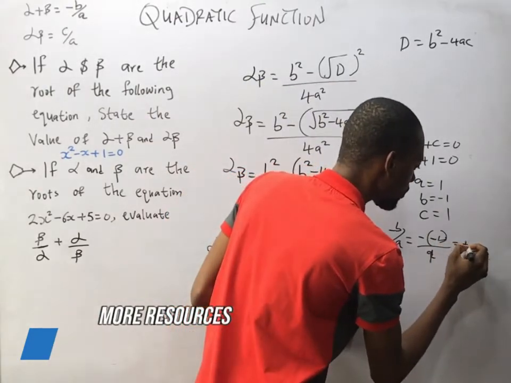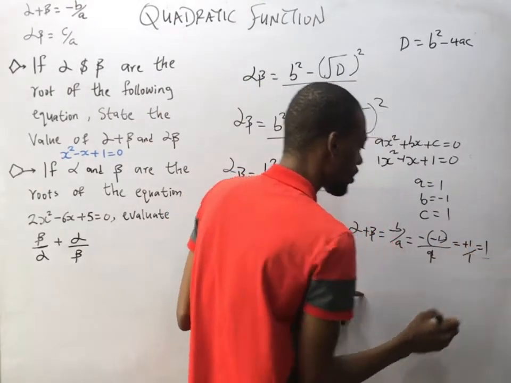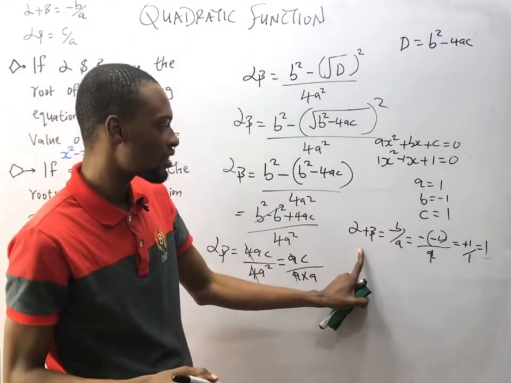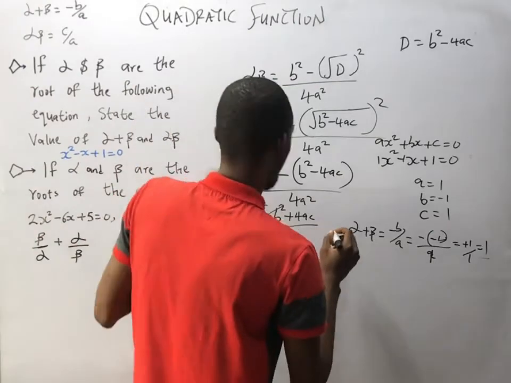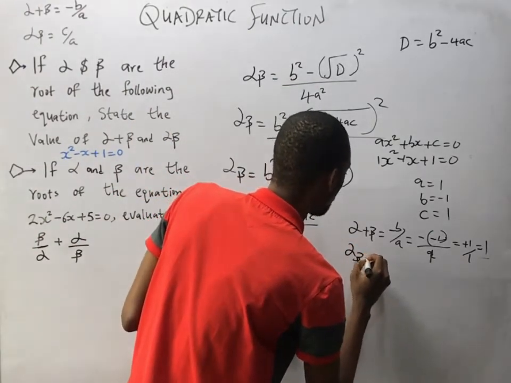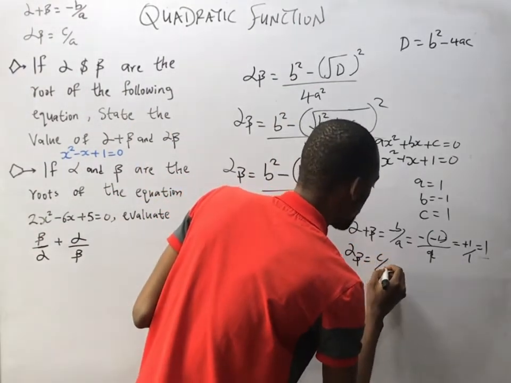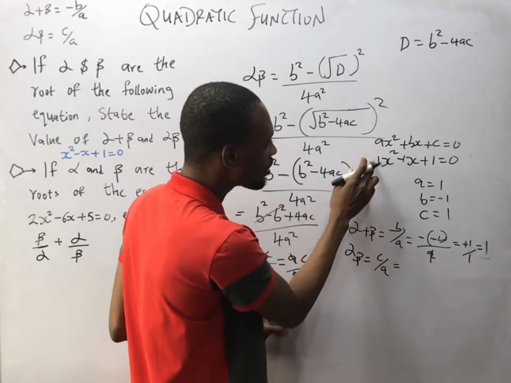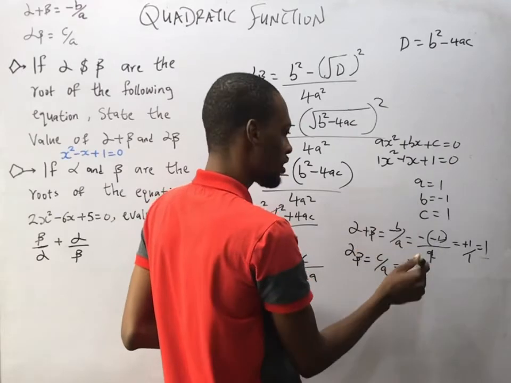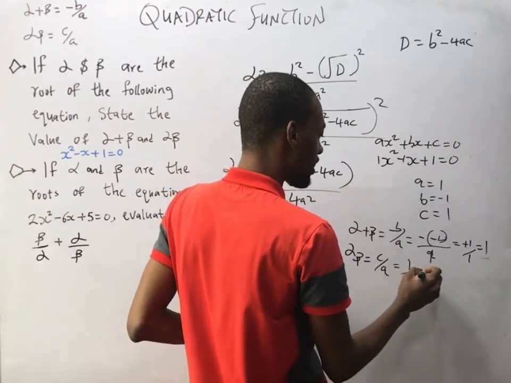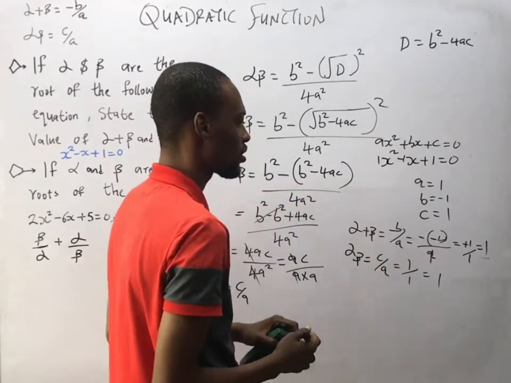So this becomes plus 1 over 1, which equals 1. So alpha plus beta equals 1. How about alpha beta? Alpha beta is simply c over a. And from this equation, what is c? C is 1. And what is a? A is 1. So alpha beta equals 1 also.